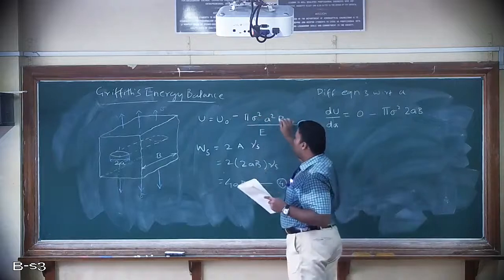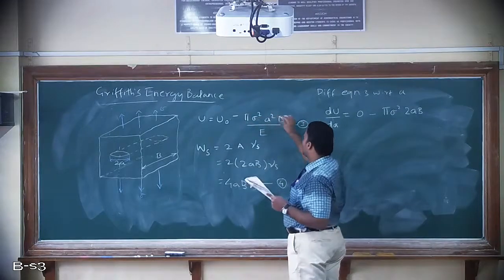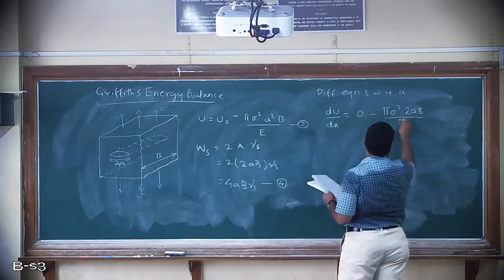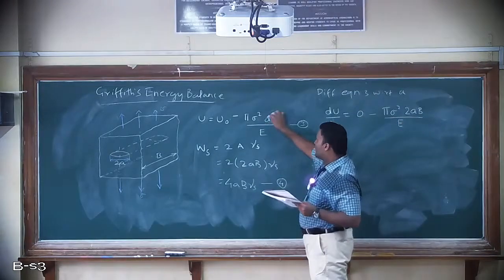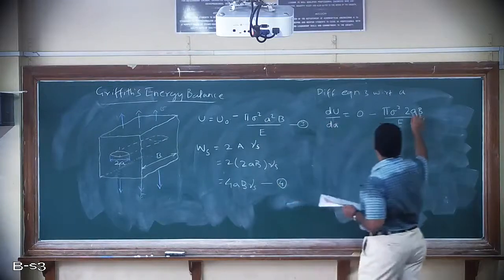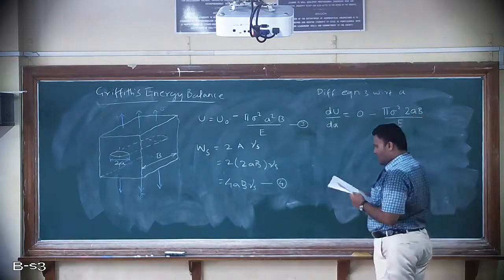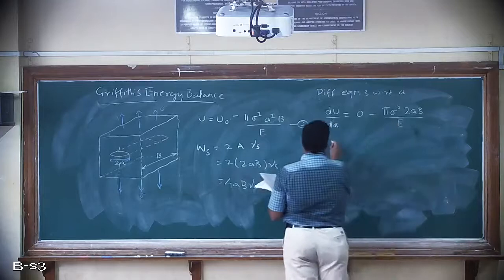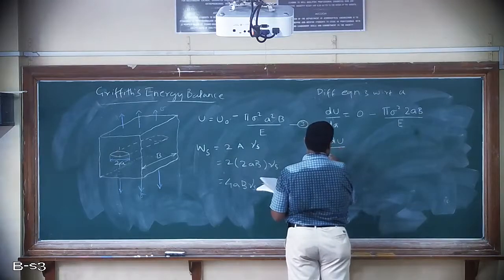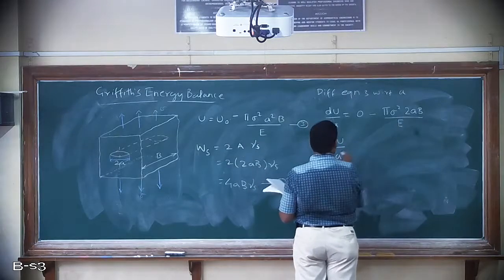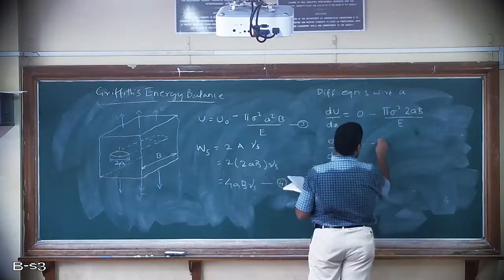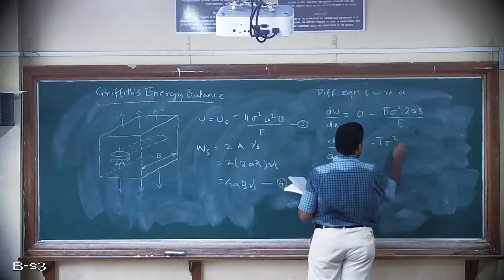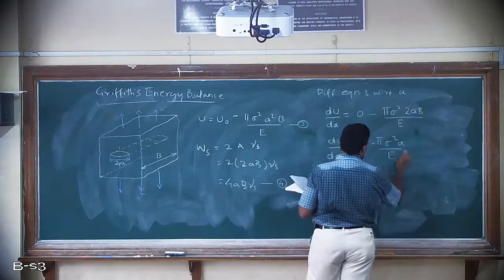Pi sigma square, b and E are constant, so pi sigma square b by E, and a square can be written as 2a, that is, the derivative of a square is 2a. So I'll simplify. du by dA, this 2b I'll take to the denominator, will be equal to minus pi sigma square a upon E.